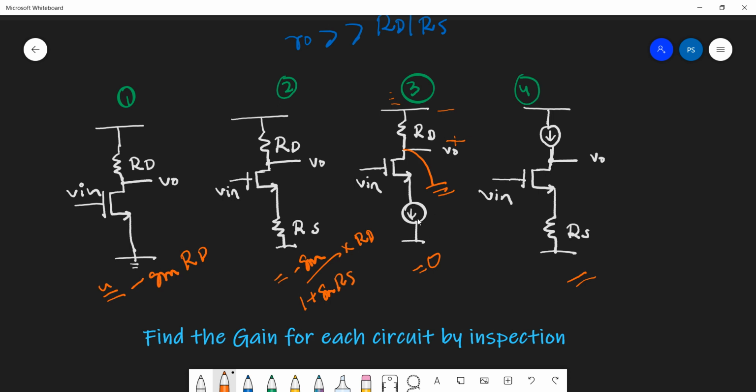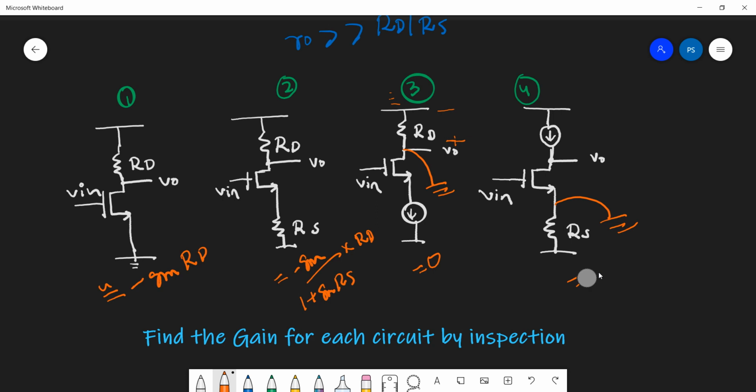Just as in the previous example, the constant current source created a constant voltage drop, and that's why I treated this as an AC ground, because this node doesn't move. Even though you apply a small signal, this node is fixed at AC ground. Similarly here, there is a constant current and there is a resistance, so this node would sit at AC ground, because the voltage drop across this is always fixed.